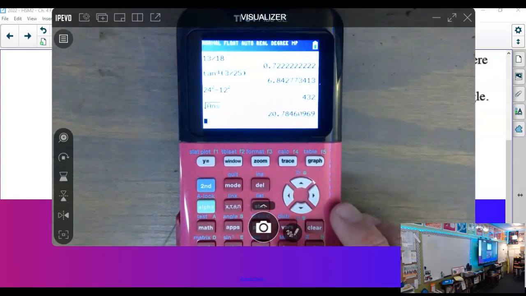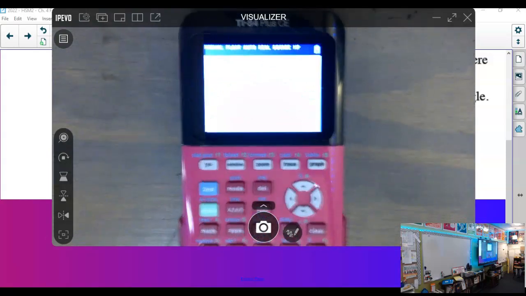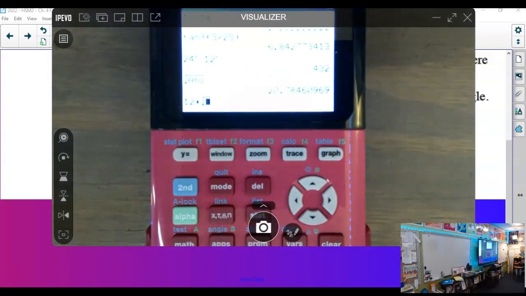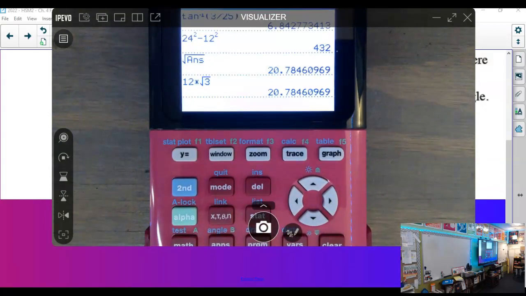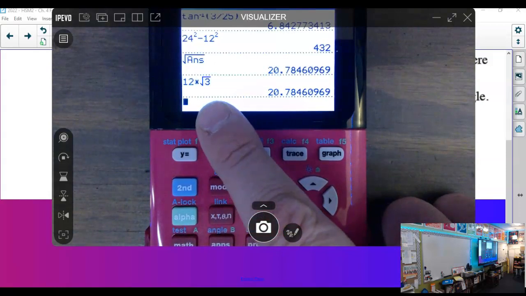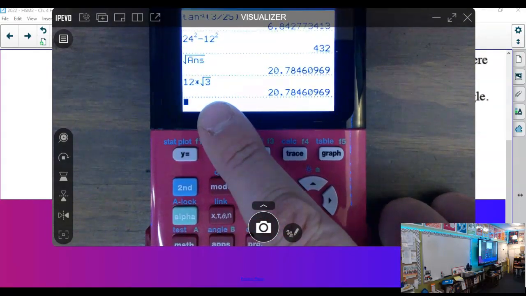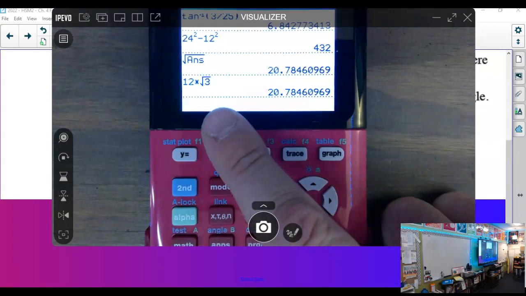Do you remember what it is? Radical 3, is it 3? Yeah. It is. You can remember the radical 3 because 30, 60, 90 are all multiples of 3.